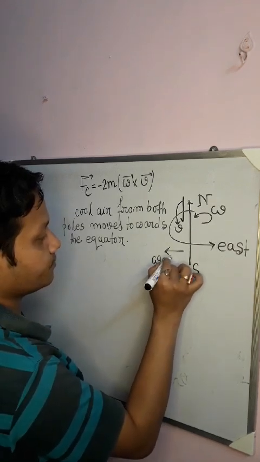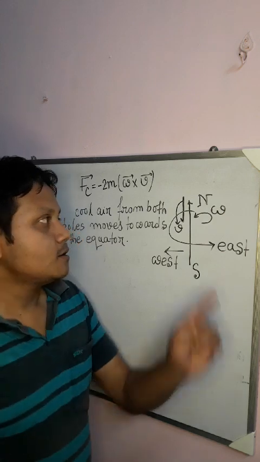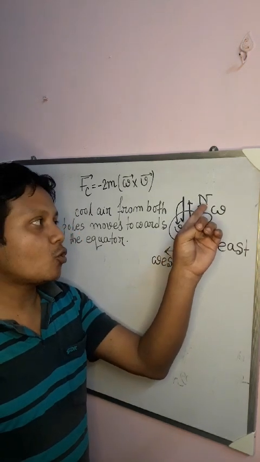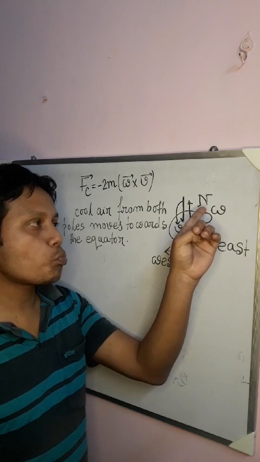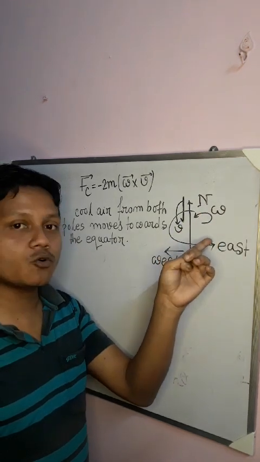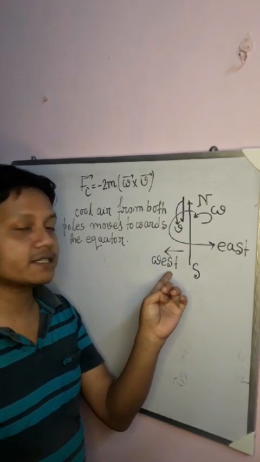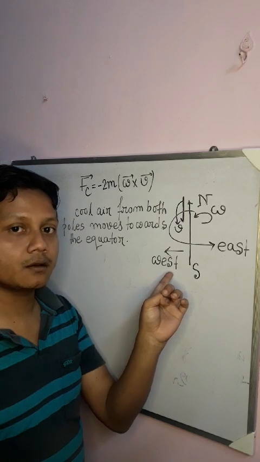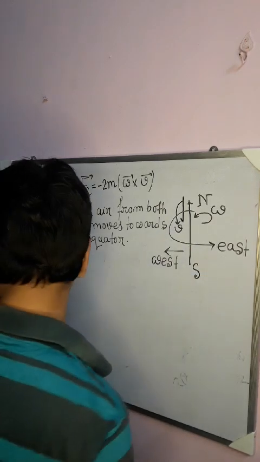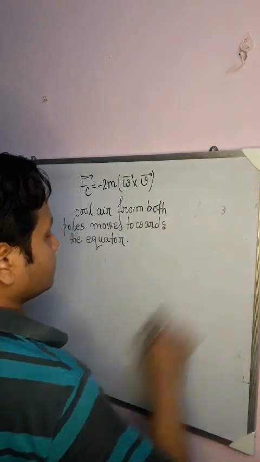So what we see, in actuality cooler air from north pole must reach south pole, but due to the Coriolis force the cooler air from north pole is deflected towards the west direction. Okay, so you can easily check it by drawing the picture in this way.